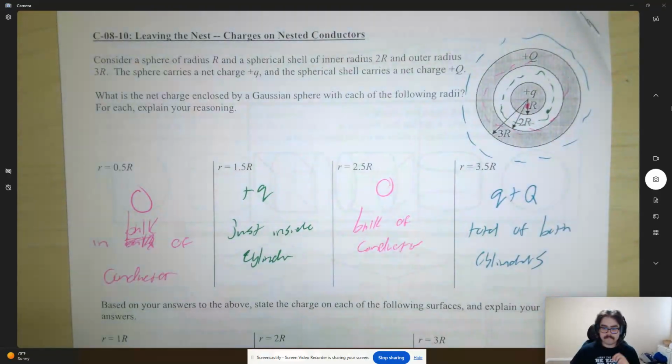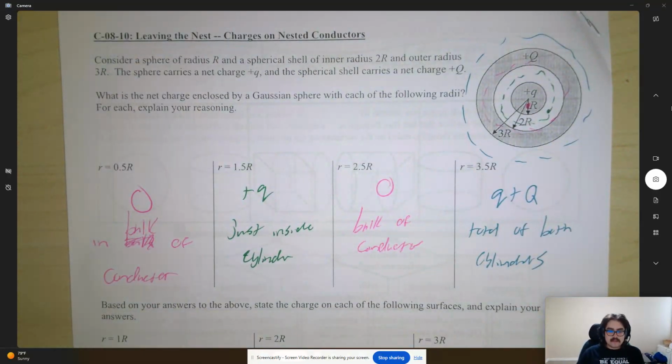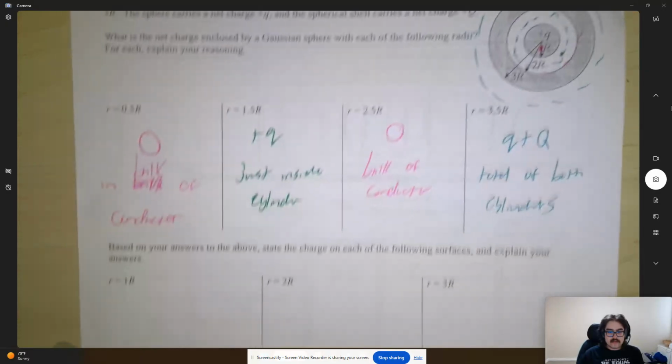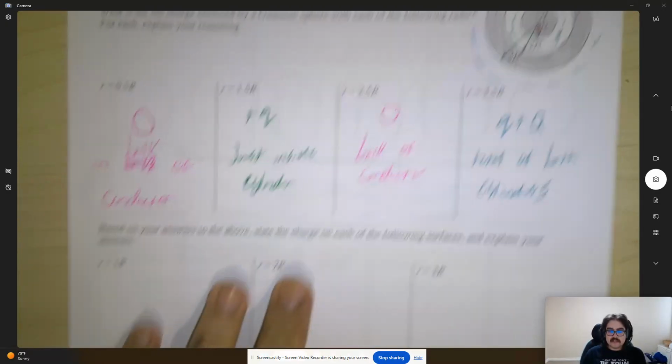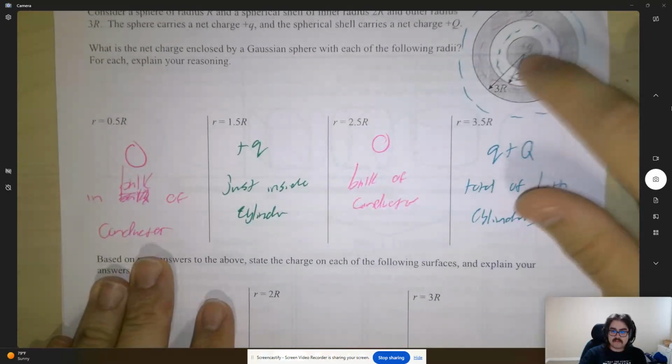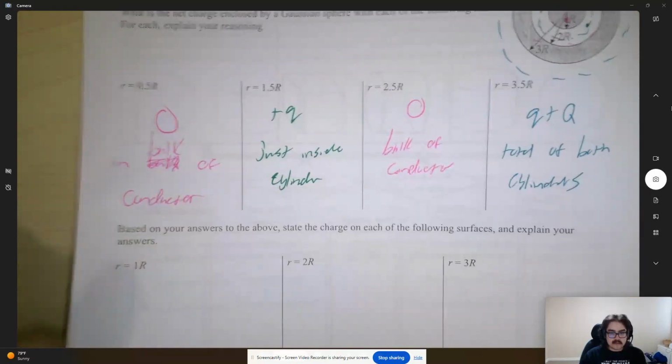Now, based on that information, the charge on each of the following surfaces. The first surface is going to be the surface of the inner cylinder.